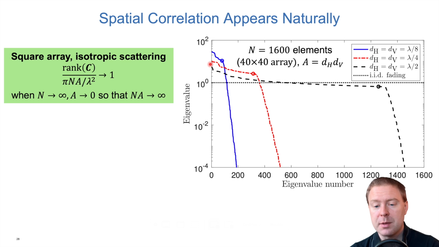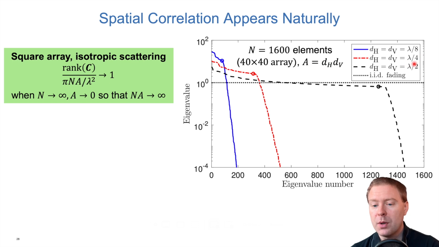We'll have some that are substantially larger than 1, and then we'll have some that are around 1, and then there will be some that are essentially 0 because of spatial correlation. And this round circle here is describing this value here. Since we have a finite sized system, we have a slightly larger rank than predicted by this number.